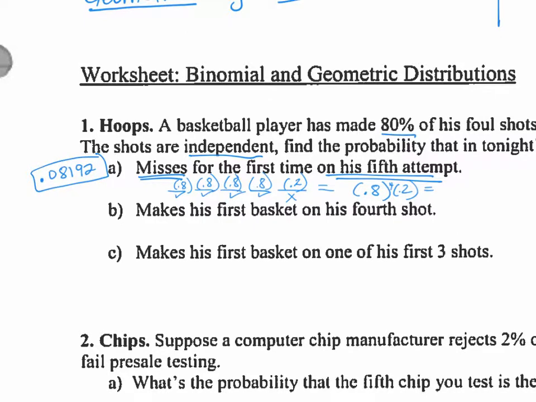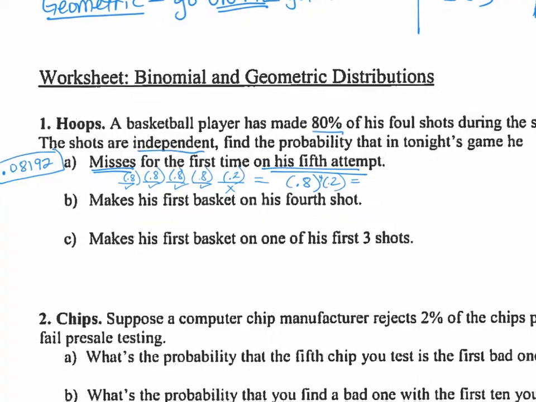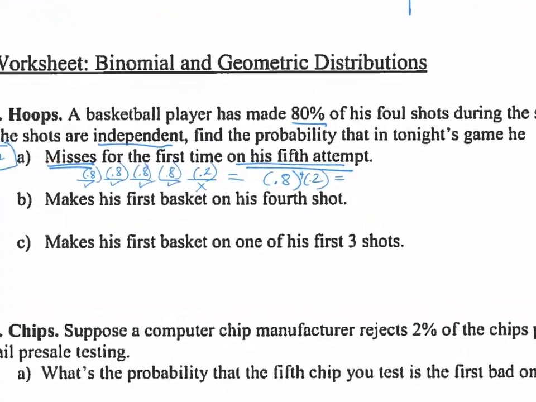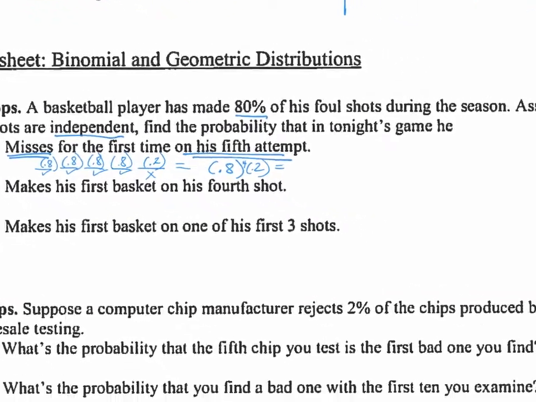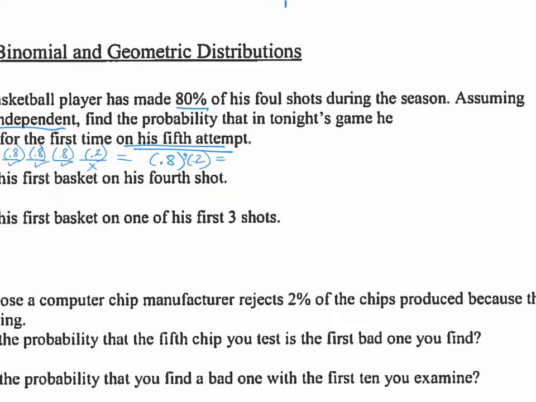But I want to give you a calculator shortcut. A calculator shortcut could be, it's a geometric problem because we're going until, but I want to put that success in a particular spot. So if you wanted to do a calculator shortcut, and you don't have to, you could do geometric PDF, because I am putting the success in a particular place.